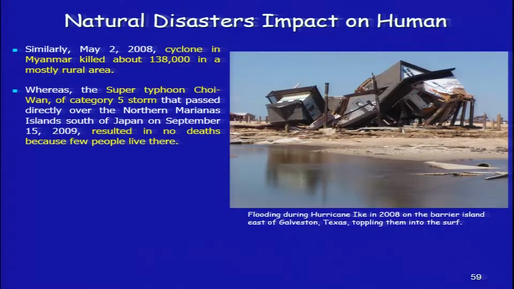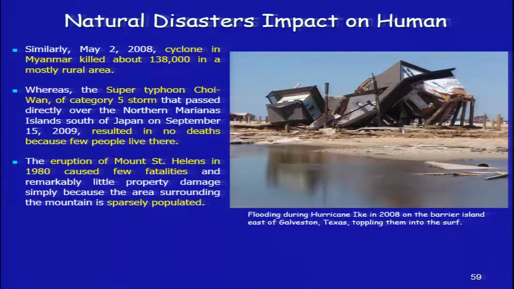Urban areas were a bit safer, having better building design, but almost 1,38,000 people were killed. Whereas the super cyclone, category 5, Choi-1, passed directly over the northern Marianas Islands south of Japan on September 15, 2009, and resulted in no deaths because few people live there.